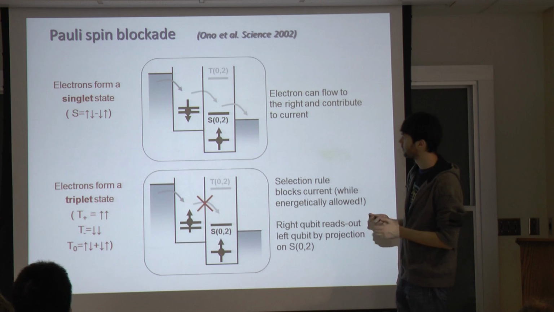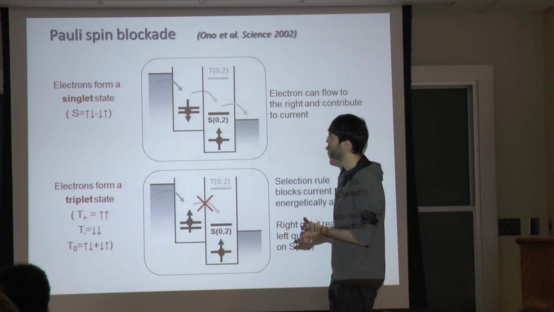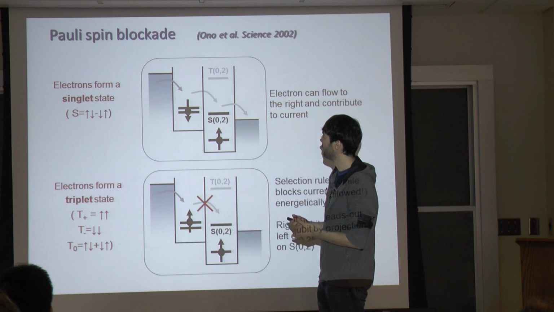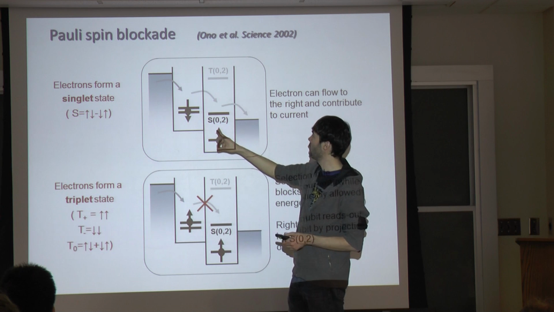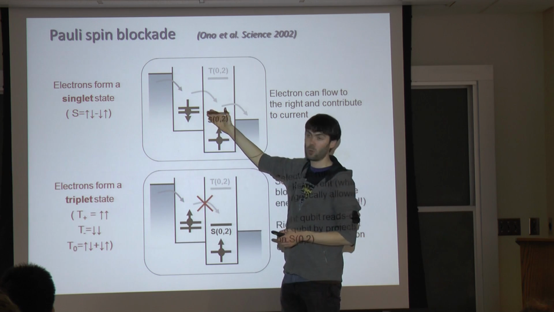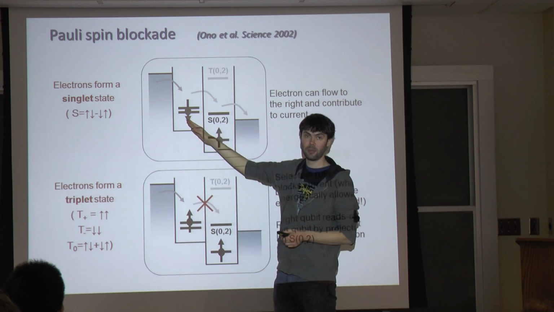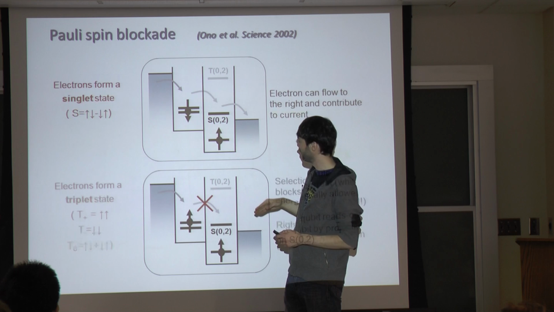Now we're going to consider this kind of a transport process where we go from one of the 1-1 states, singlet or triplet, into a singlet O2.